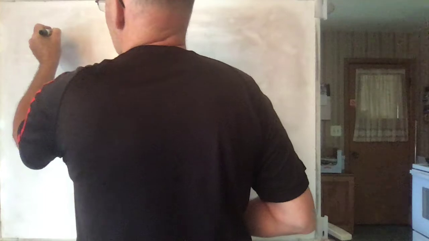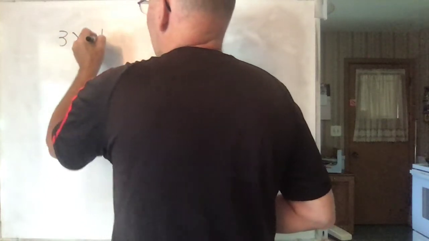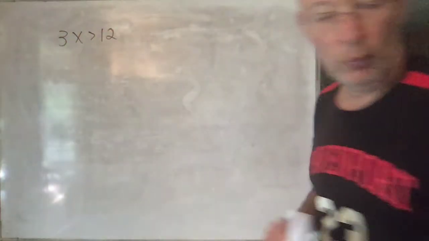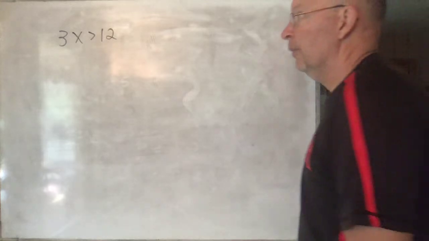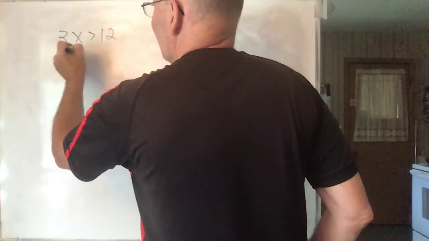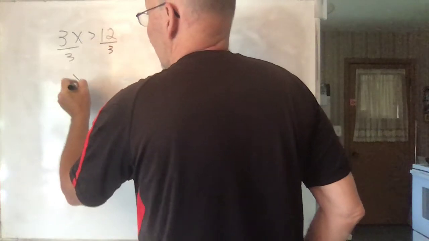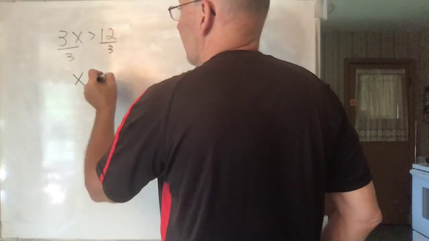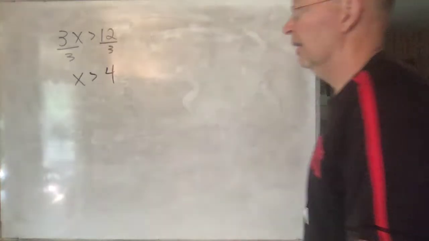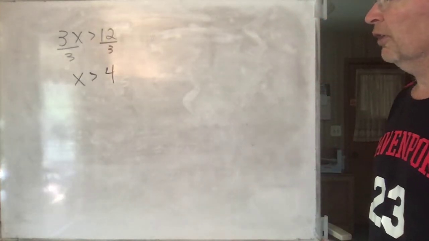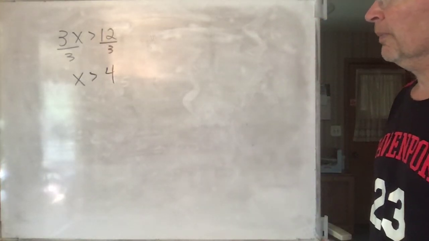So for example, suppose you have 3x is greater than 12, and you want to find out, what does x have to be? Well, it's easy enough. You just divide both sides by 3, and you're going to get x is greater than 4. So there you've solved it for x like that.